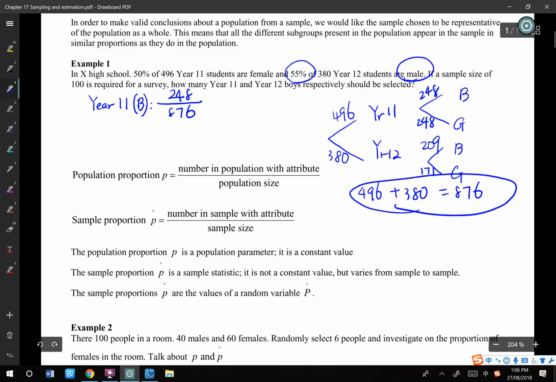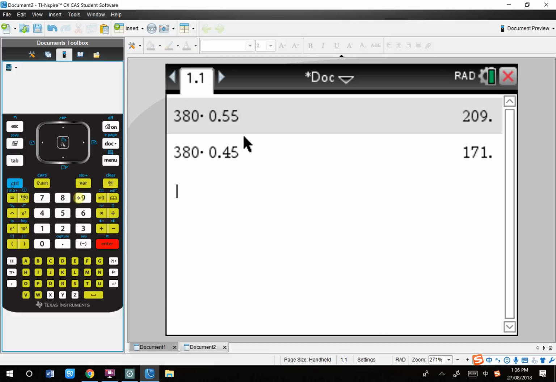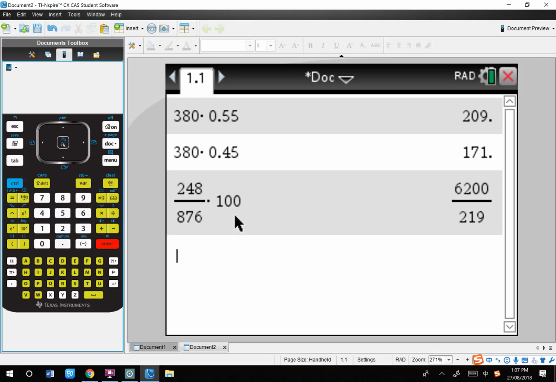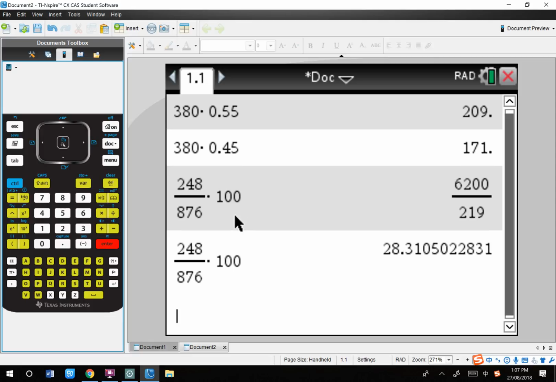I will times this by 100. That's how many boys you want, the same proportion in those 100 students. You'll have about 28.